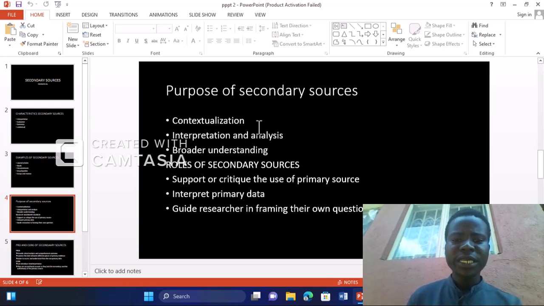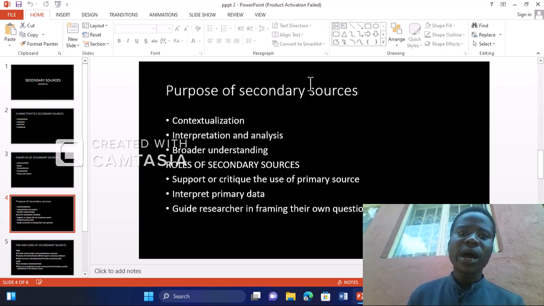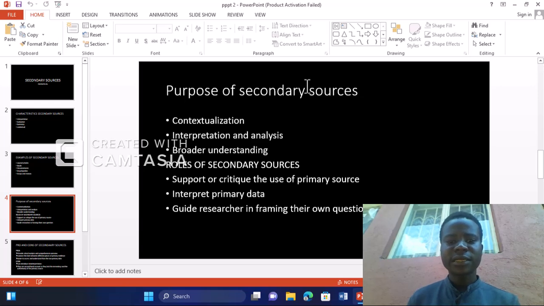What about interpretation and analysis? This is self-explanatory because it helps researchers make sense of the primary material by providing expert commentary and comparative analysis. Then broader understanding.